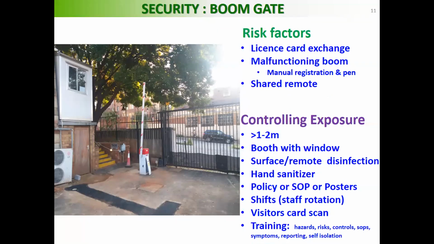So they just look at the car, they open, the car comes in. But what if the boom is malfunctioning? They may have to come out to do manual recording. So that could also be a source of exposure, because now it involves the pens, it involves the paper, and then also if they are changing shifts or they're working together, they may be sharing a remote control to open the gate. So that's something also to take into consideration.